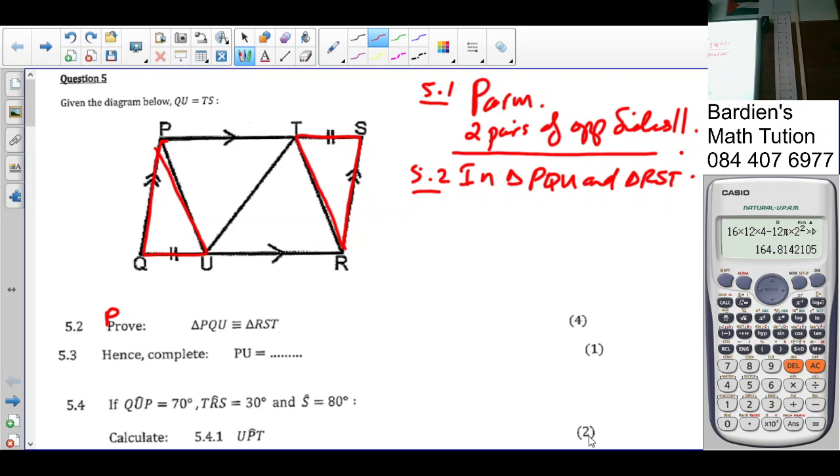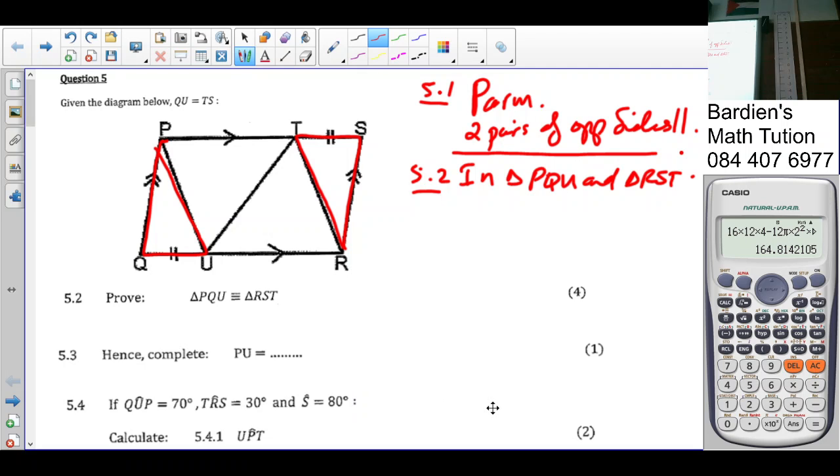Now people, this order here, most of the time is the right order. The reason why we give the order in the right form, because if you don't manage to prove 5.2, you can use that information in the rest of the question. That is why we give it in the right order. You all okay with that?